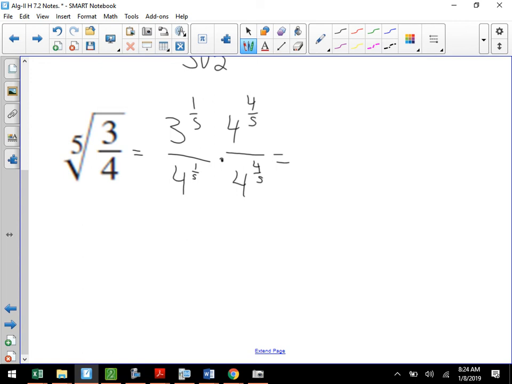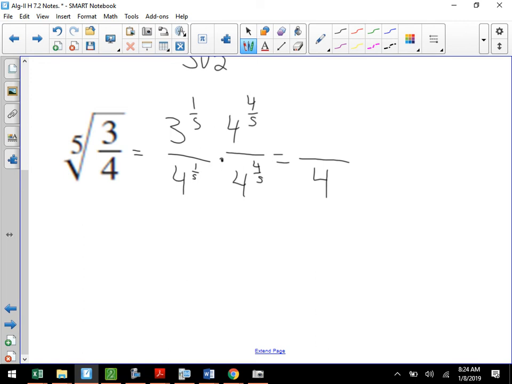So 1/5 and 4/5 is 5/5, otherwise known as 1. Here I now have 2 different exponents, so I can't combine the base values to have that exponent together. So I just have to leave it how it is.